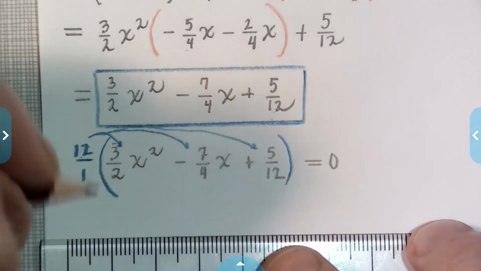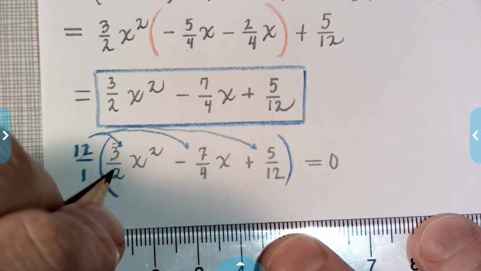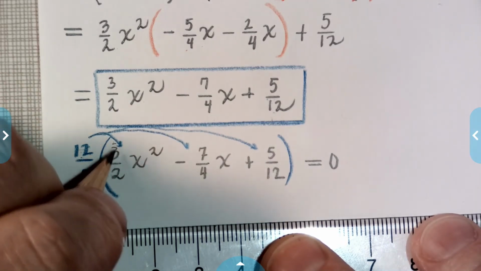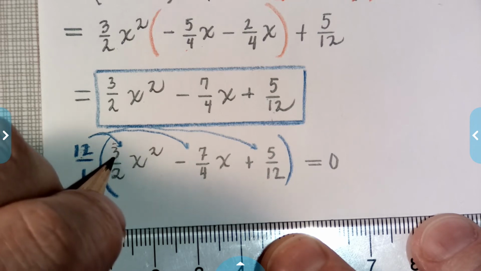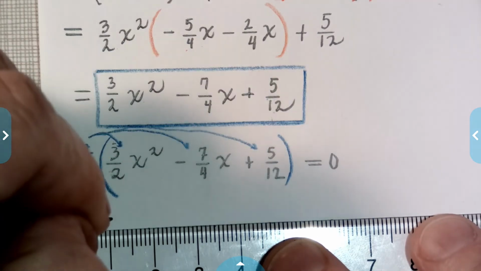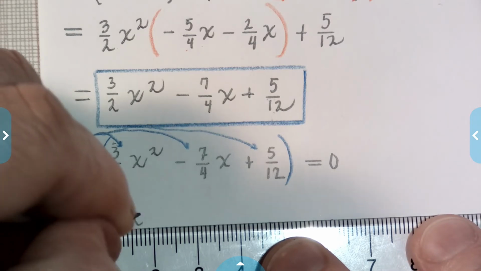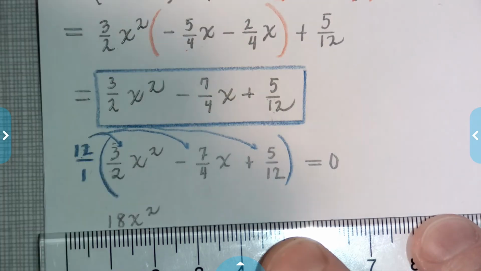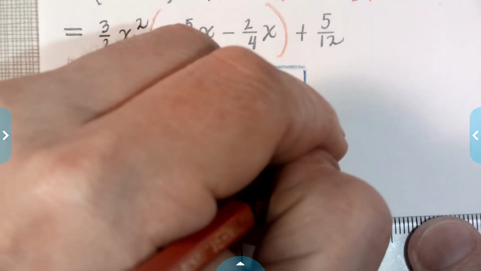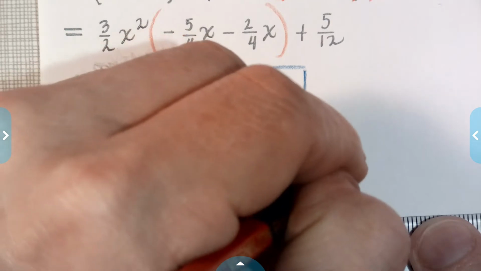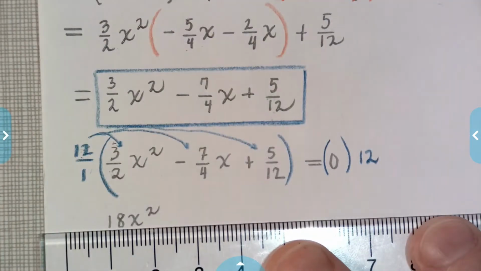Like here, this 12 cancels with this 2, leaving a 6 to multiply by the 3. So I'm going to write it out. This 12 cancels with the 2, and 12 divided by 2 is 6, so it's 6 times 3. This becomes 18x squared. And I should say, I put that equals 0 because I'm also going to multiply that by 12, which is just going to be 0.